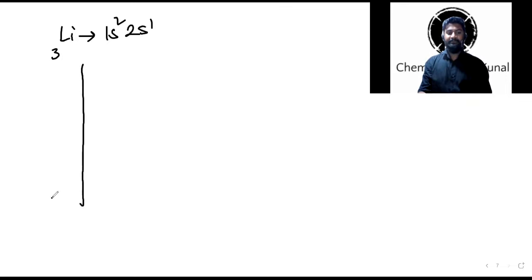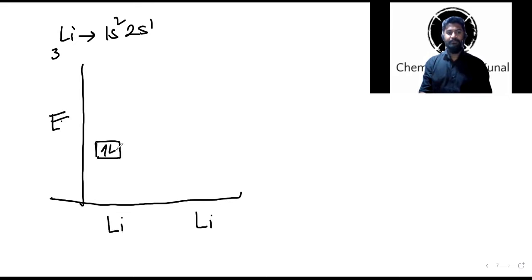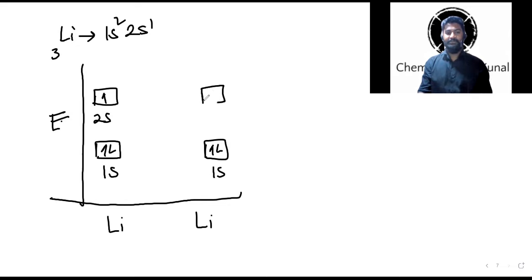So first draw the diagram. Lithium, energy here, lithium 1 atom, lithium another atom. So this is lithium 1s2, and this is lithium 2s1. Now let's mix them.